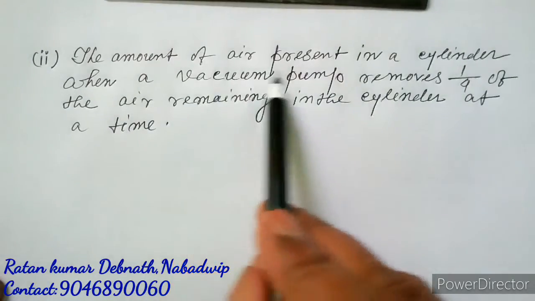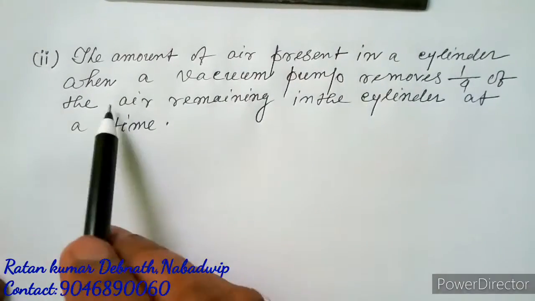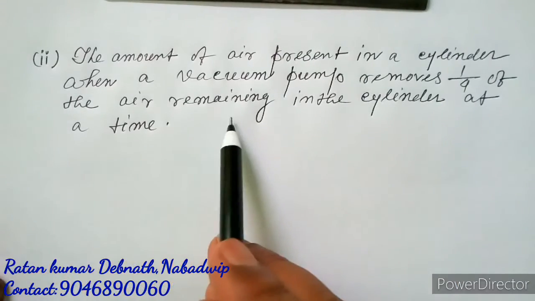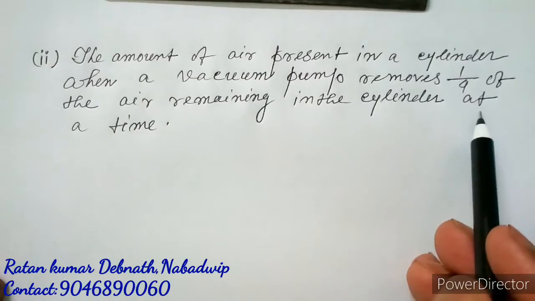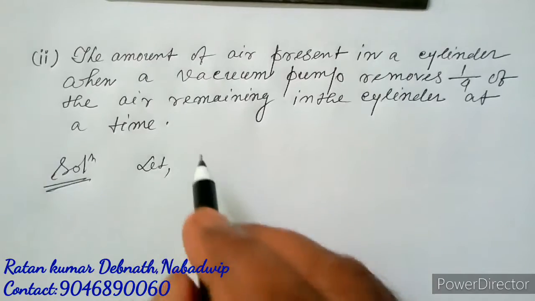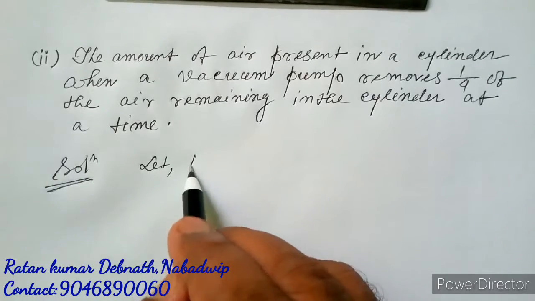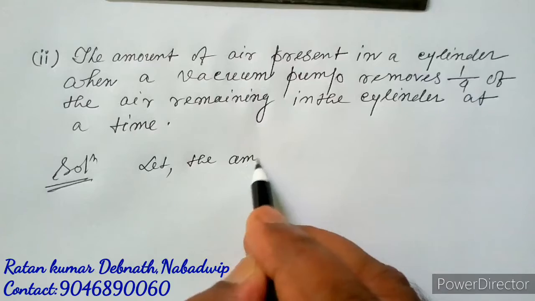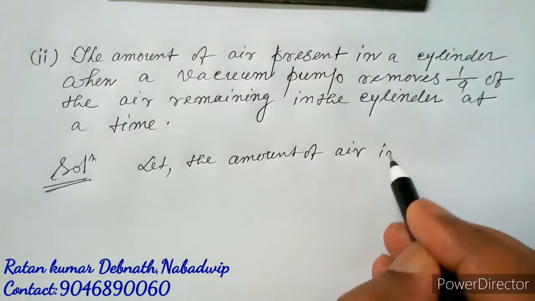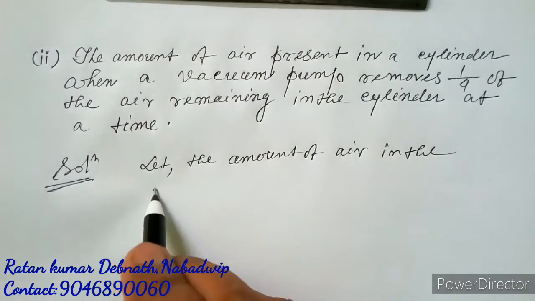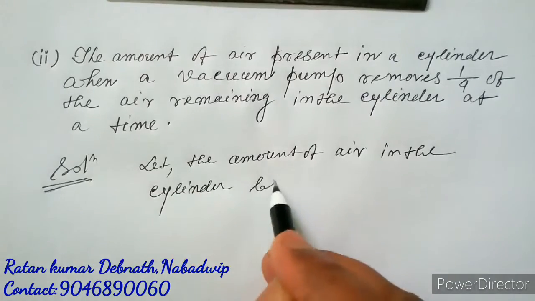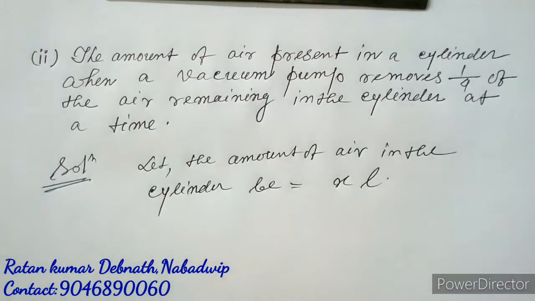Second question on the screen. The amount of air present in a cylinder when a vacuum pump removes 1/4 of the air remaining in the cylinder at a time. Let the amount of air in the cylinder be X liter.